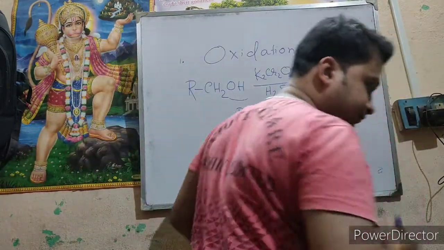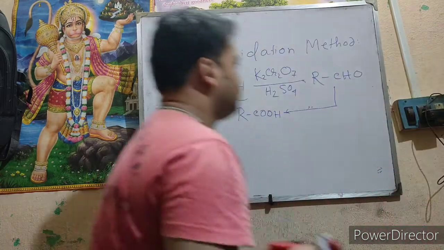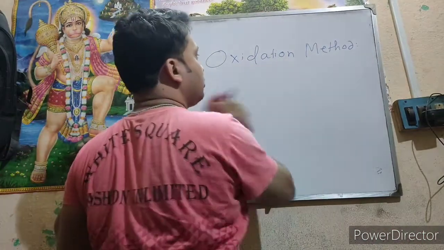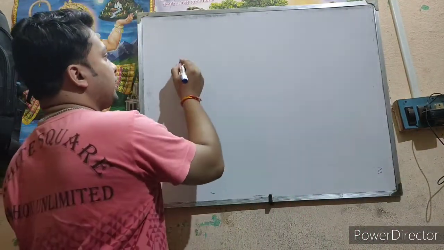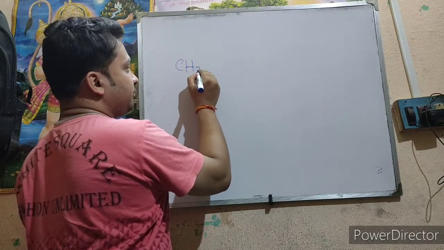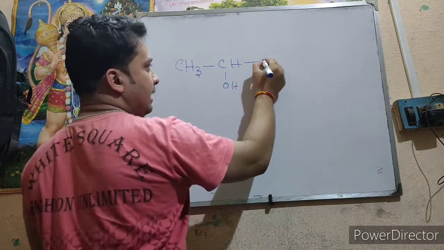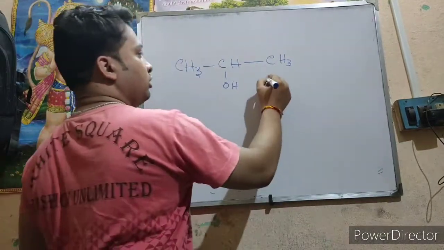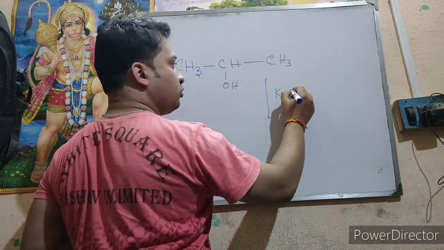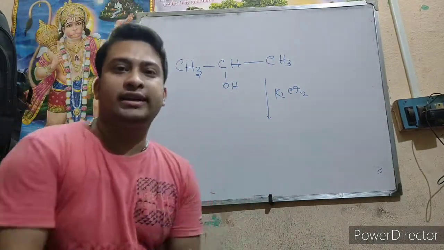Okay, so the second one is, if this is 1 degree alcohol, from 2 degree alcohol, if you have CH3 CHOH CH3, this is 2 degree alcohol and you want to use an oxidizing reagent.